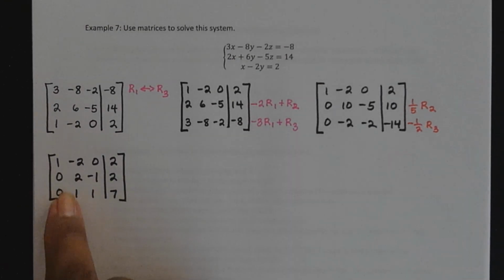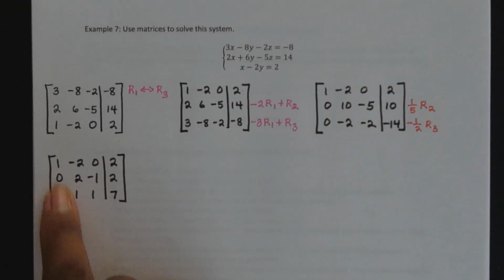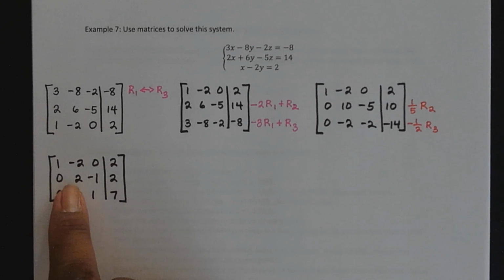All right, now I have a 1 with zeros underneath it. I need a 1 right here. But notice I got the 1 in the third row. It would be best to interchange row 2 and row 3.